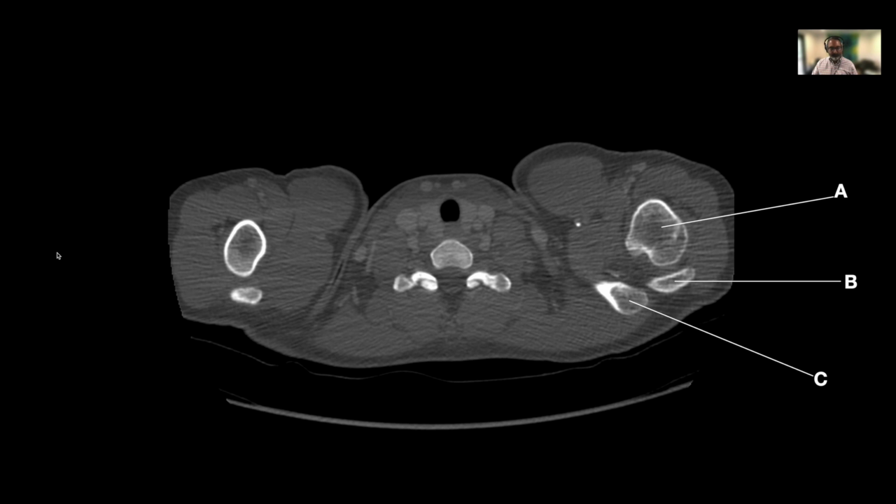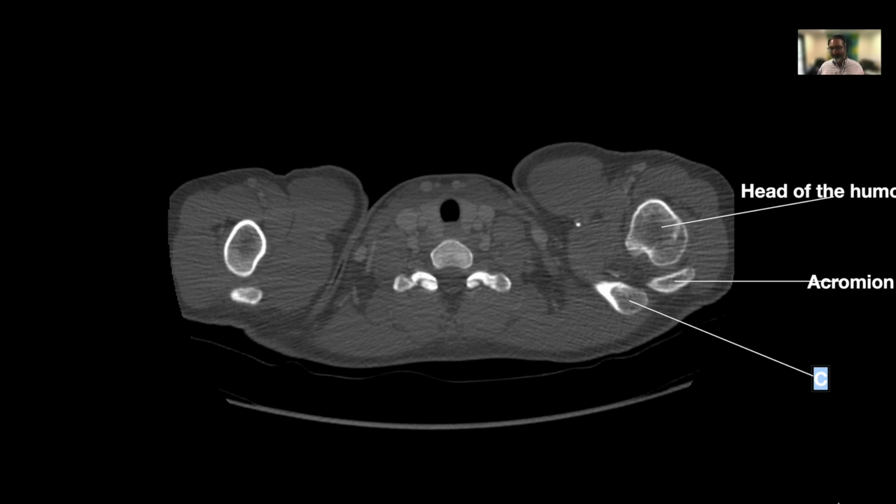And this one? Yeah, the head of the humerus. I can't fix that now. B would be the acromion, yes. Correct. Nope.